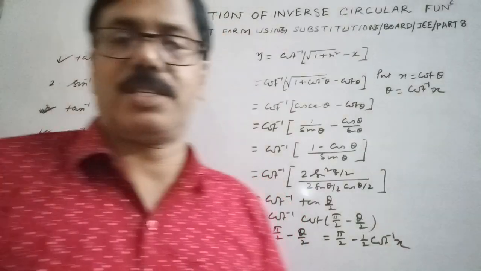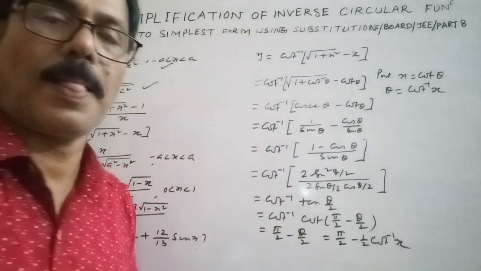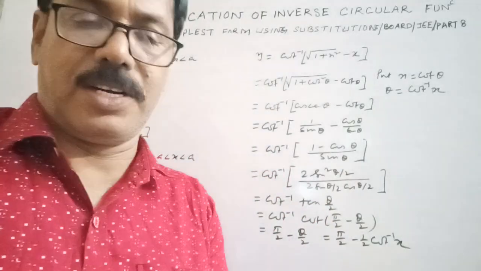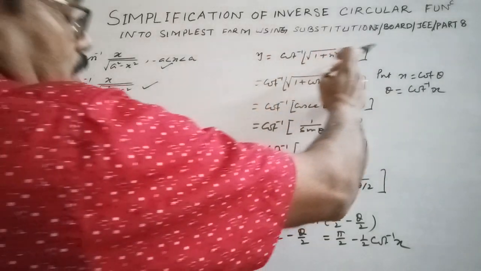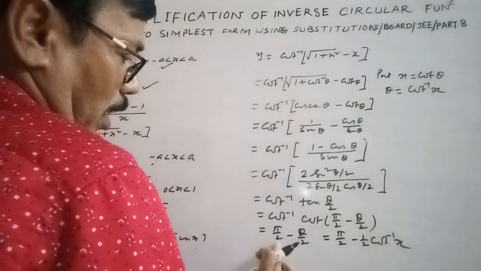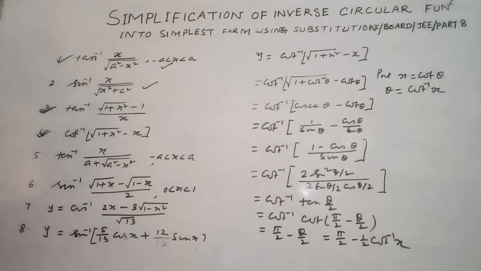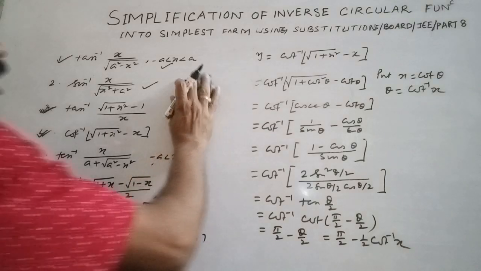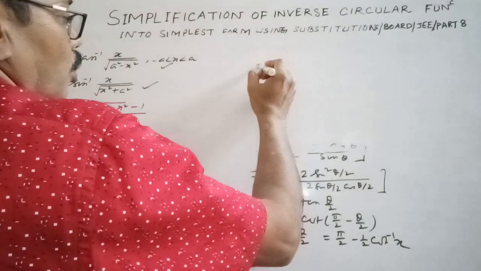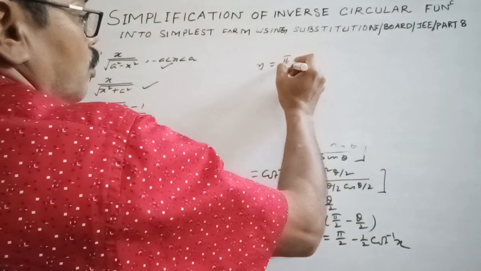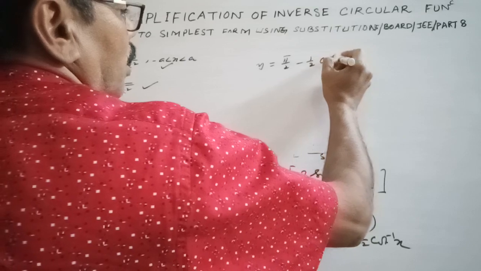So this is the simplification. Now this reduces to pi by 2 minus half cot inverse x. Now if you want to differentiate it, y equals pi by 2 minus half cot inverse x.